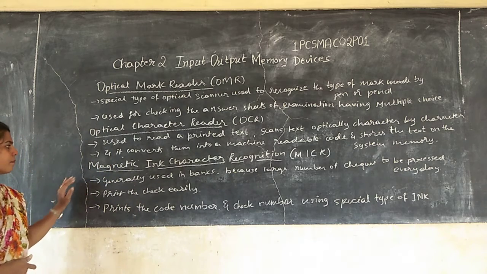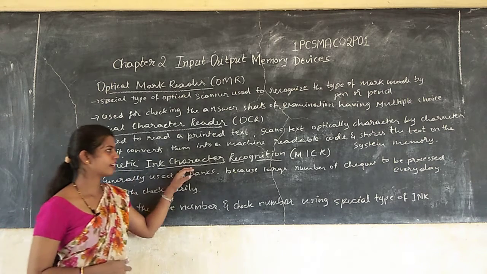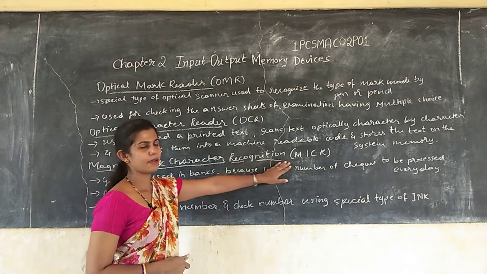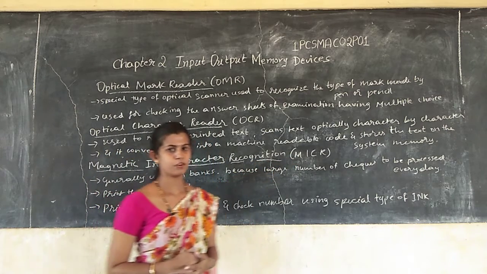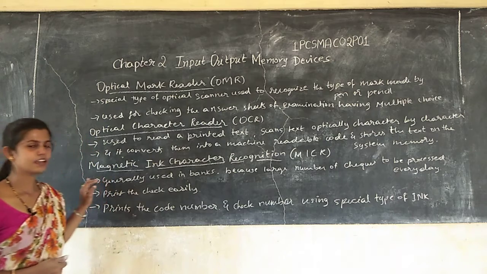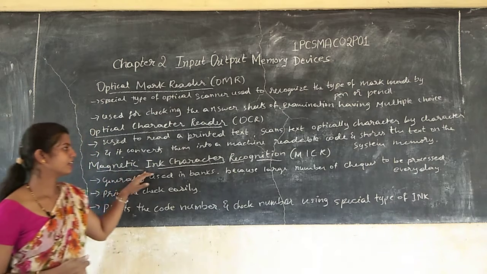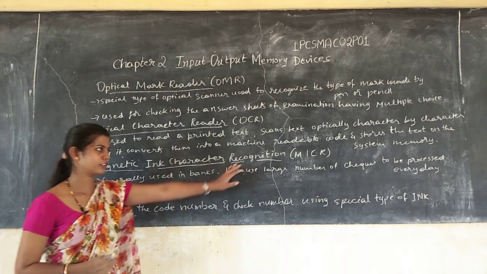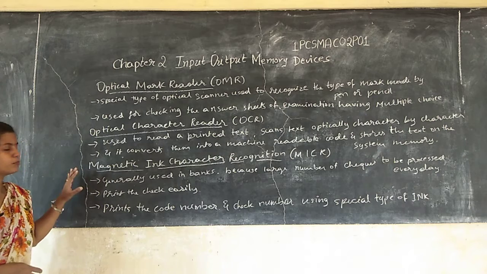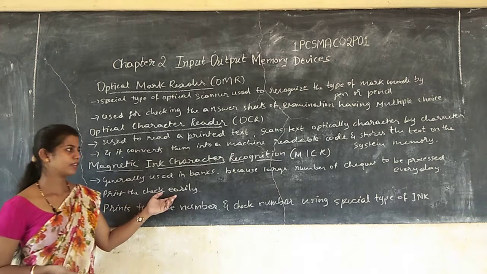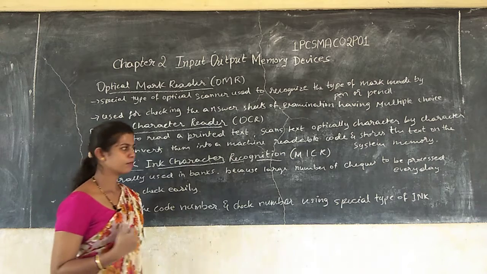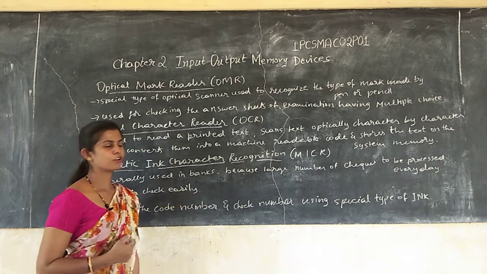The last one is magnetic ink character recognition, MICR. Expand MICR, a very important question for 1 mark. MICR is nothing but magnetic ink character recognition. This type of input device is generally used in banks, because a large number of checks have to be processed every day.